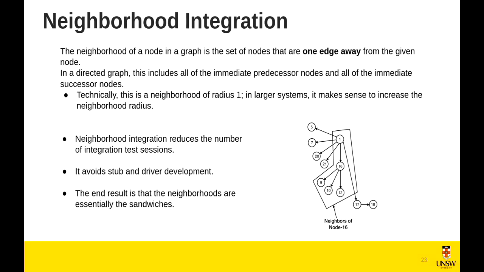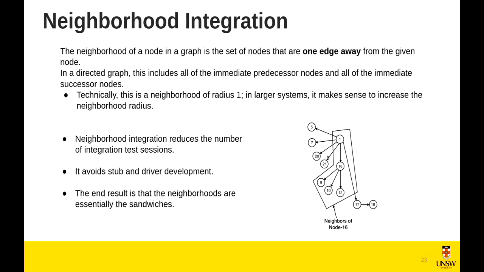In a directed graph, because a call graph is a directed graph, it includes all the immediate predecessors and all the immediate successors of a node. For example, for this node 16 here, node 1 is the immediate predecessor, and nodes 9, 10, and 12 are the immediate successors. So we include all of them as the target we are testing here.